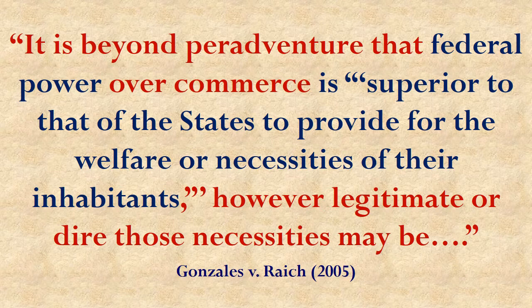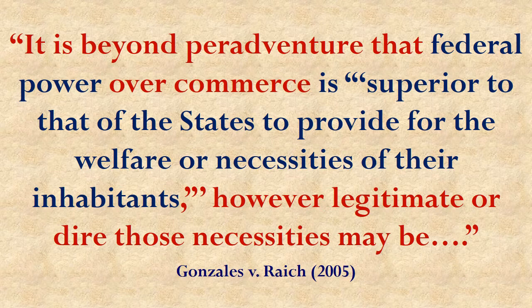It's essentially an acknowledgement of the national government assuming the police powers we've talked about in previous lessons. Not just an acknowledgement of that, but a judgment that the national government's actually better at exercising the police power than the states are.